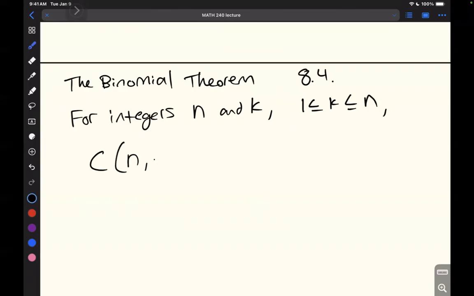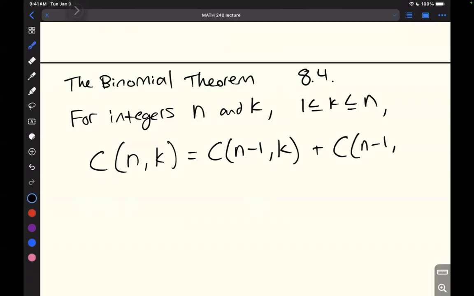C of n and k, so n choose k, is equal to n minus 1 choose k plus n minus 1 choose k minus 1.